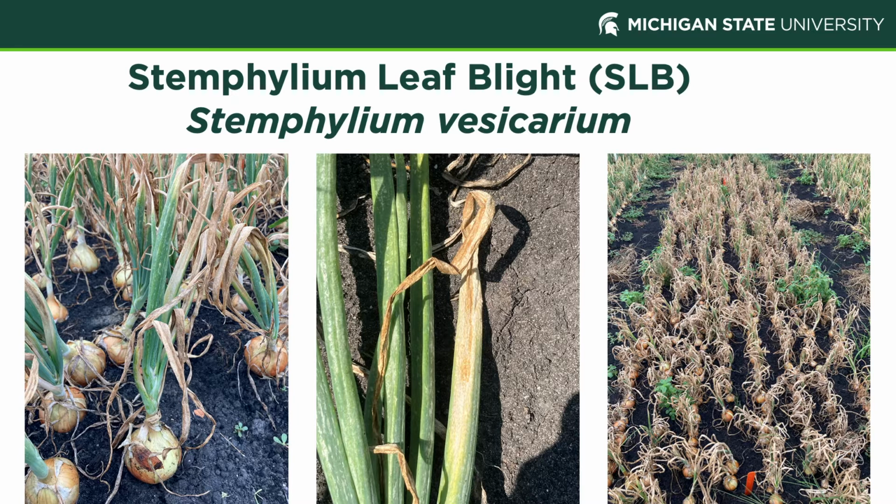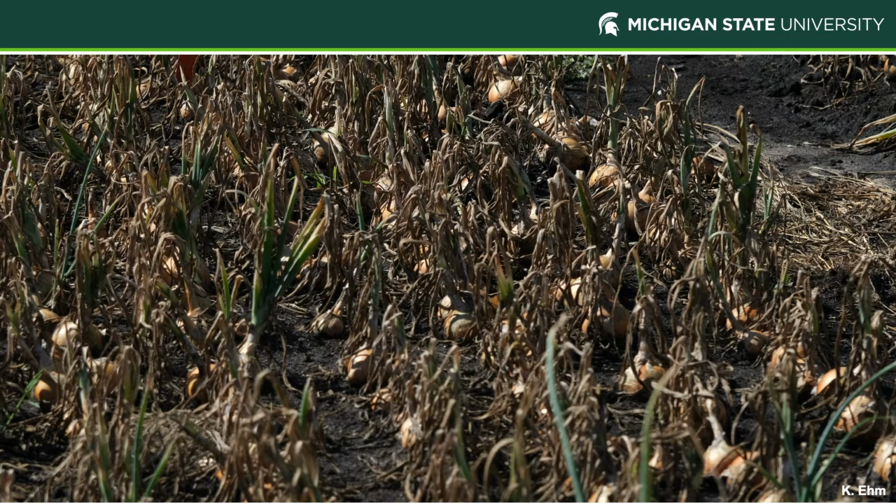And growers will tell you that these onions are dying with their boots on. That means they're dying, they're not lodging as they're supposed to, they're not reaching their full development. And they're also losing green tissue, or photosynthetic area, early.